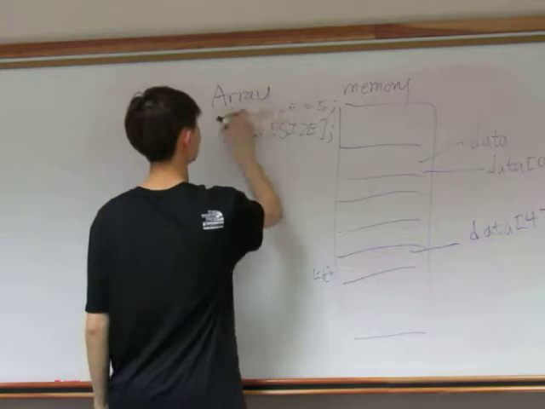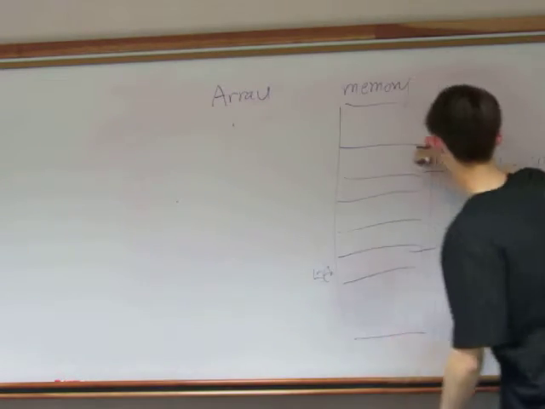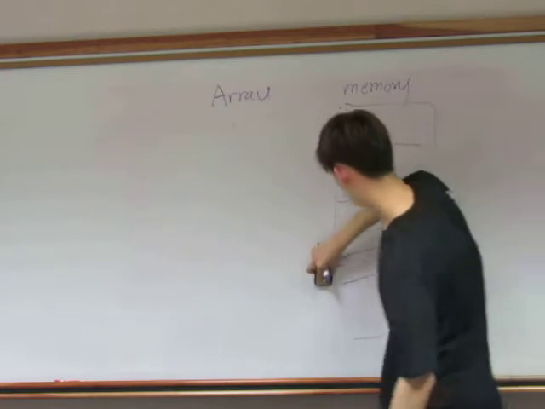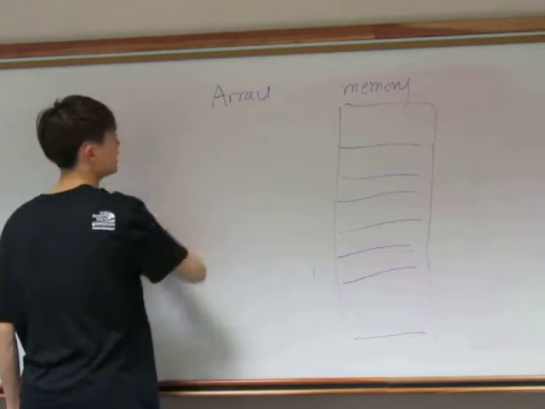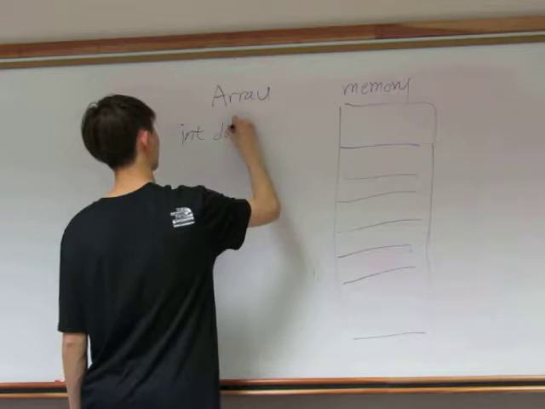Next, I'll talk about initialization of an array. Let's say you have an array of 5 integers again.